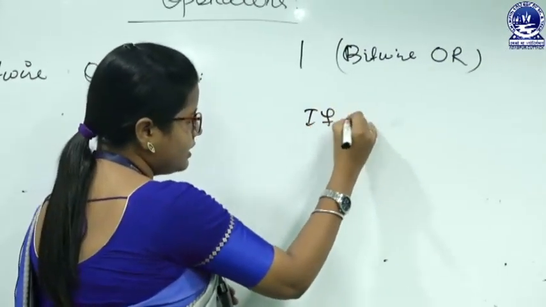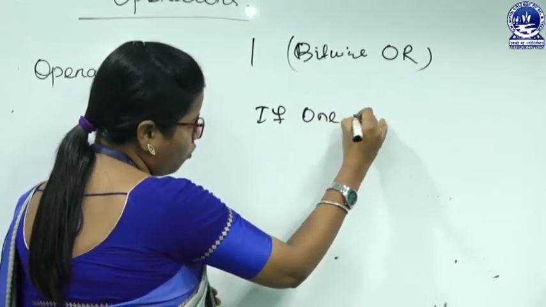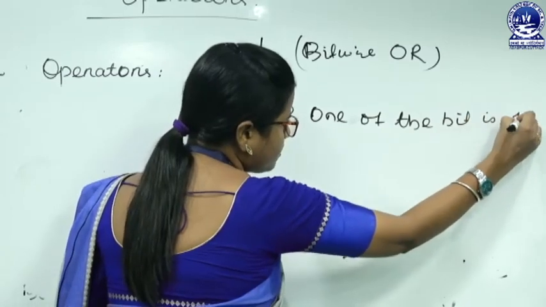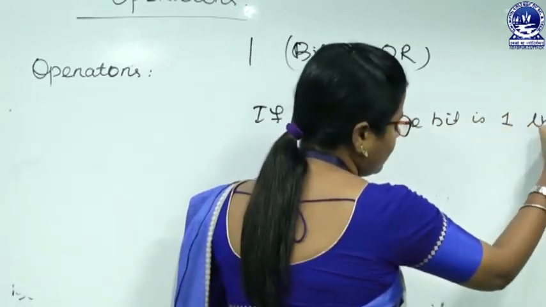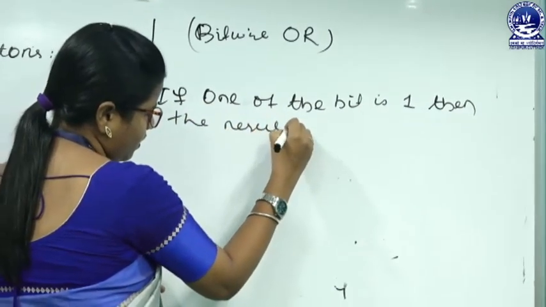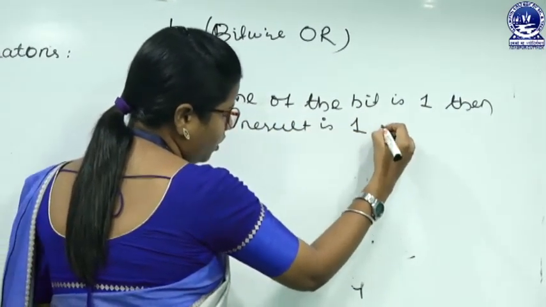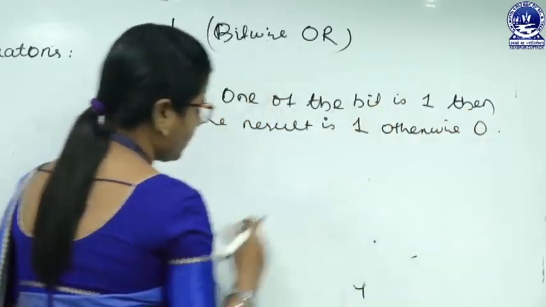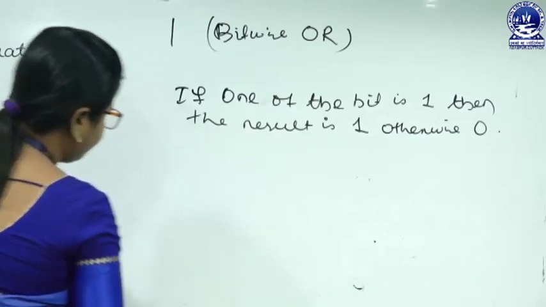So the rule is, if one of the bits is 1, then the result is 1, otherwise 0. Let us take an example.